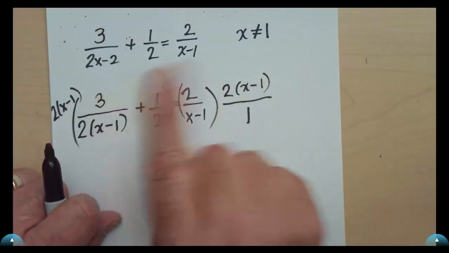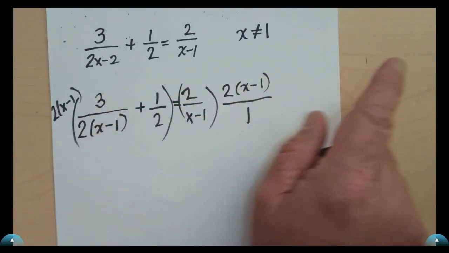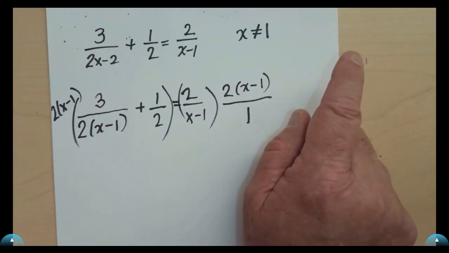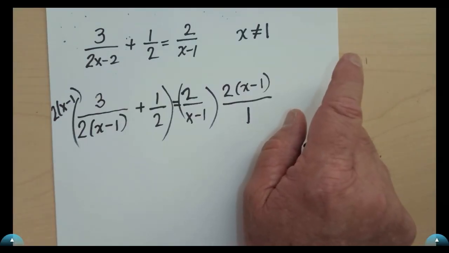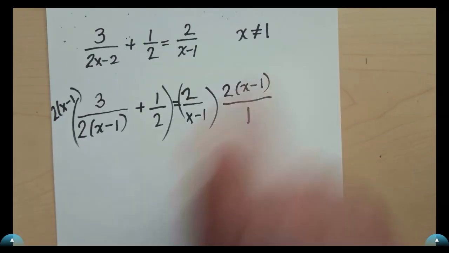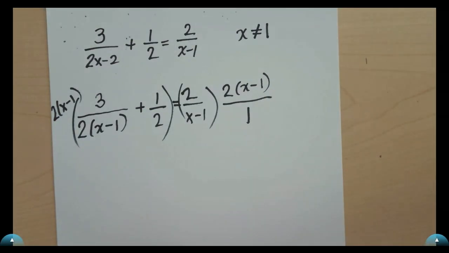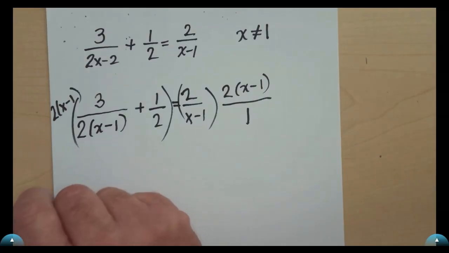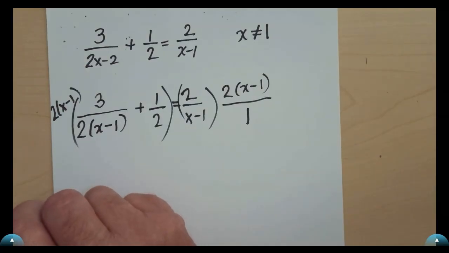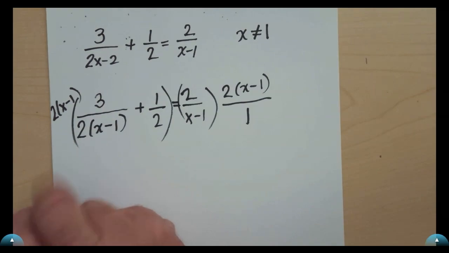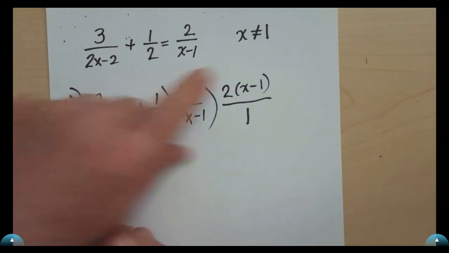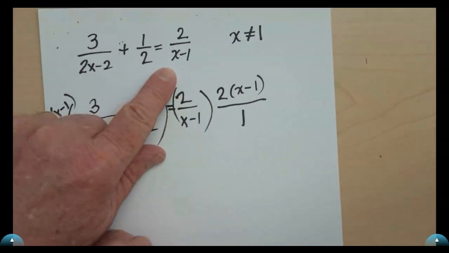When you work these problems 10 through 15 in the homework, they're going to ask the question as a two-part question, and there's a couple of different ways they could ask the A part. One way is to list or state any restrictions on the variable. Well, 1 is a restriction on the variable x.